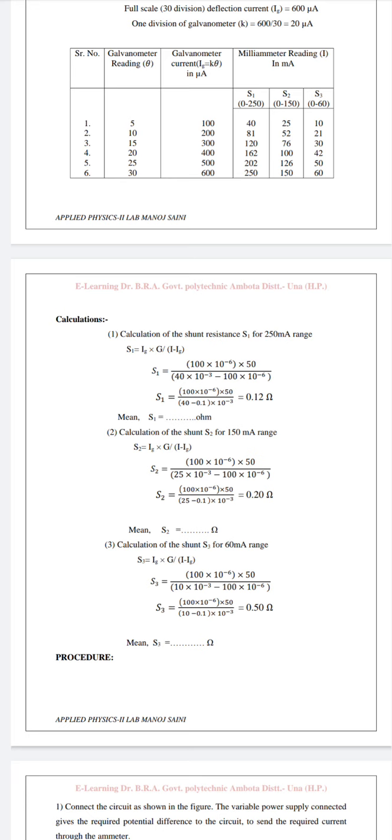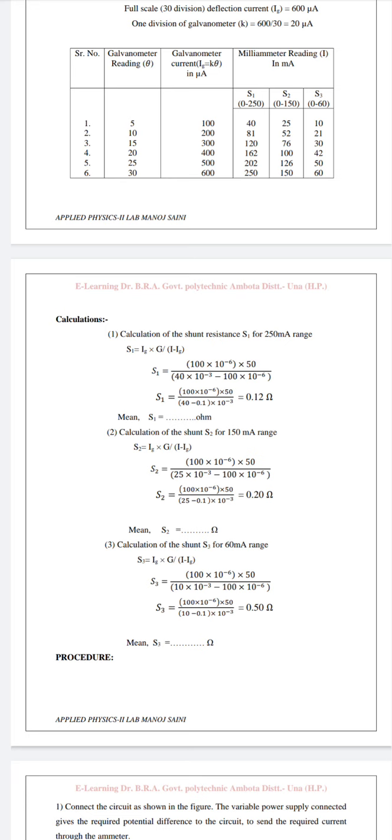For the third range, S3 is connected for 0 to 60. Now for 0 to 60, S3 is again calculated by the same formula. Ig remains the same for the first value, 100, but I is 10. So here in S3, 100 into 10 to the power minus 6 into 50, divided by 10 into 10 to the power minus 3, minus 100 into 10 to the power minus 6.